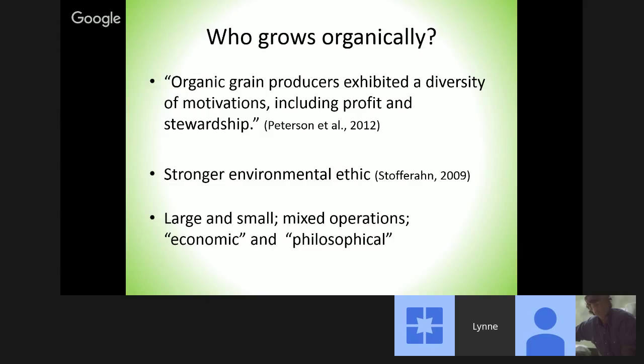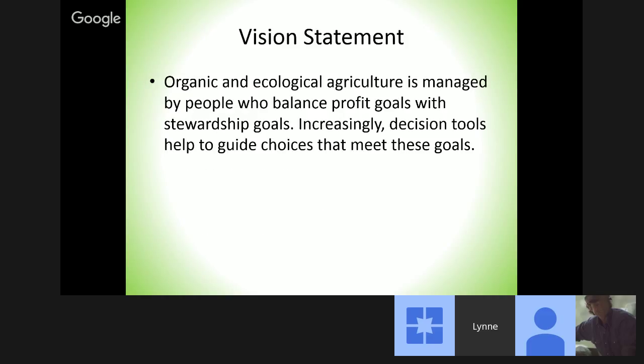So we want to give people an honest picture of what's going on at their farms, and help them to make decisions. So we have a vision statement which changes somewhat over time, but basically organic and ecological agriculture is managed by people who balance profit goals with stewardship goals. Increasingly decision tools help guide choices that meet these goals.